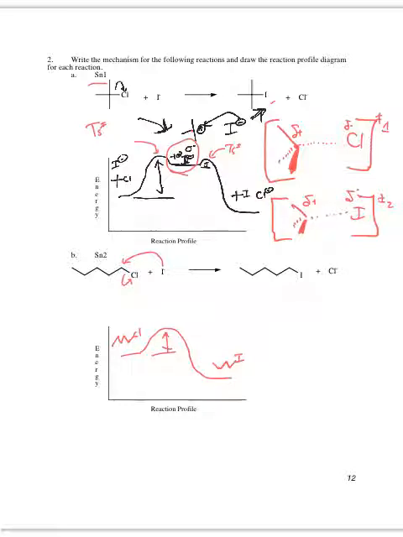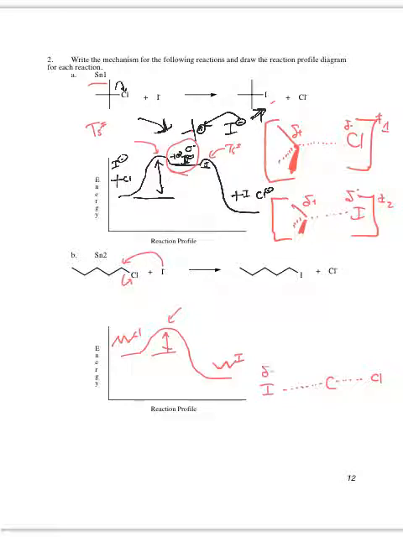And then here at the transition state, we have the iodide coming in and the chlorine leaving all in one step. So on this carbon, we have the chloride, we have the iodide.